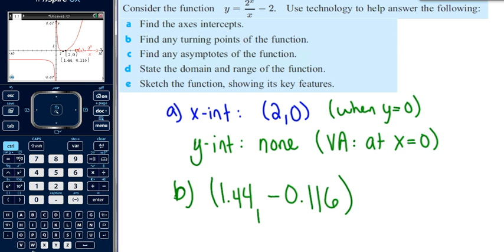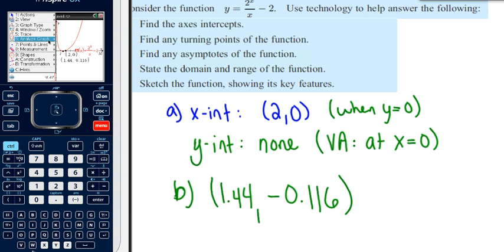If you look, you can see that this part of the graph is actually going towards a horizontal asymptote. To find out what that horizontal asymptote is, you can use different tools. We could technically find the maximum here.